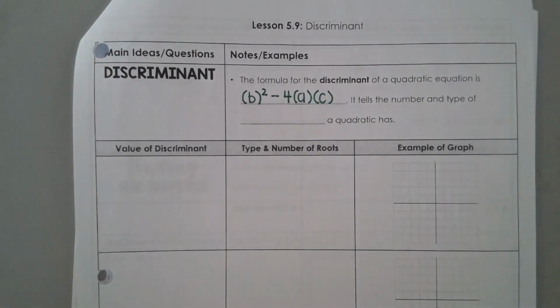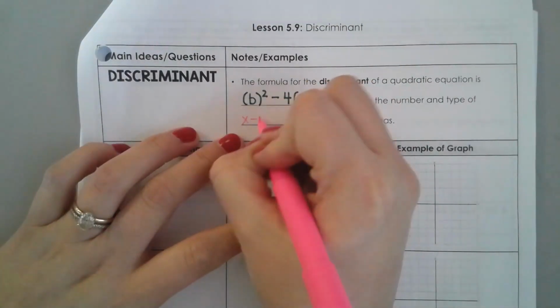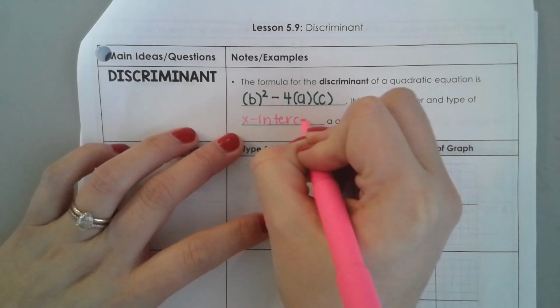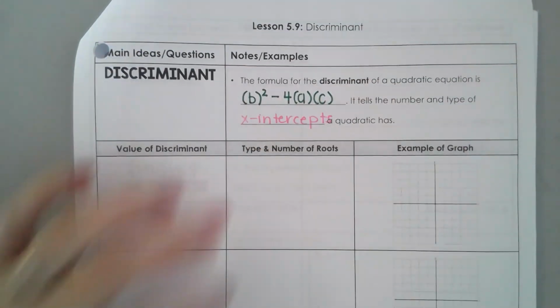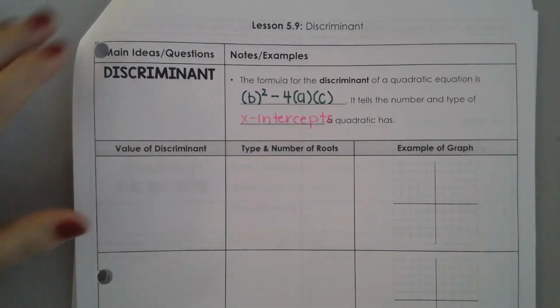And the purpose of doing this is because it tells us how many and what kind of x-intercepts that my parabola or my quadratic has. So we're going to fill out a chart.